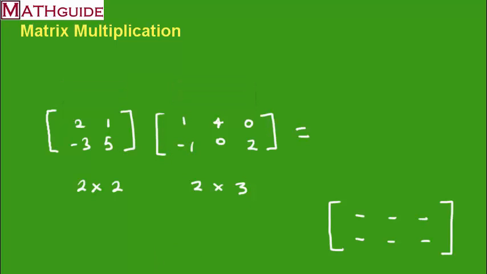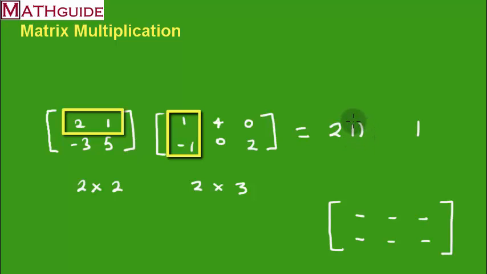Let's take the first row here, 2 and 1, and multiply it by the column here, 1 and -1. I'm just going to place 1 and -1 right next to those numbers. You find the product of these two, product of those two, and then you find the sum.